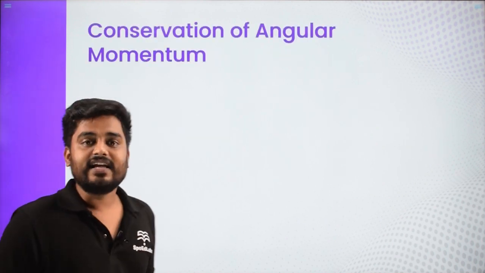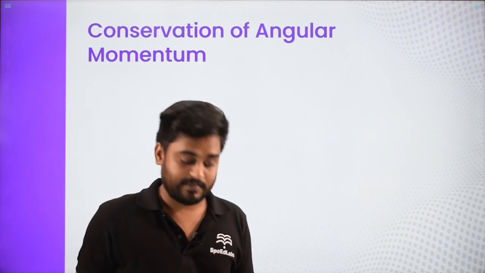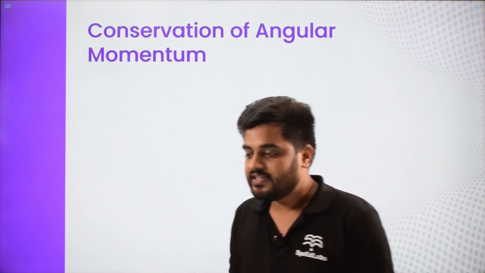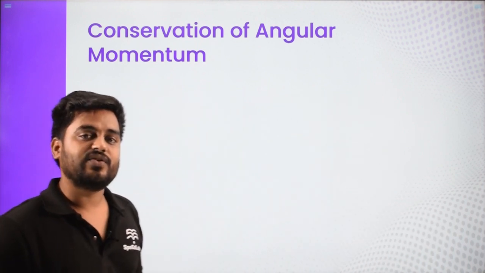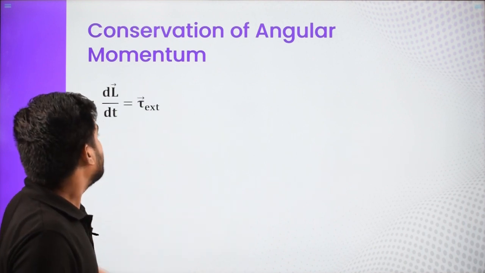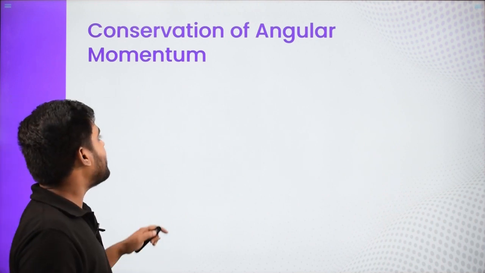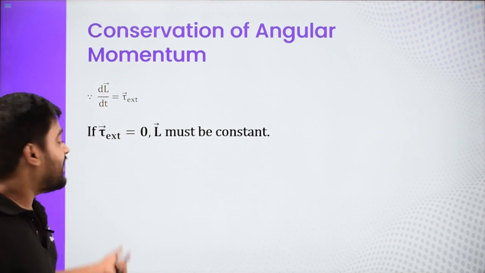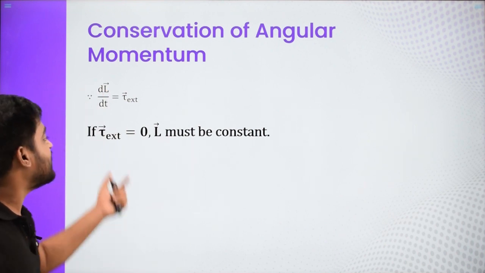Now let us talk about the next topic, that is conservation of angular momentum. We already talked about the conservation of linear momentum: when our external force is 0, the linear momentum won't change. Similarly, torque is dL by dt, the rate of change in angular momentum. So when our external torque is 0, the angular momentum must be a constant; it shouldn't change.